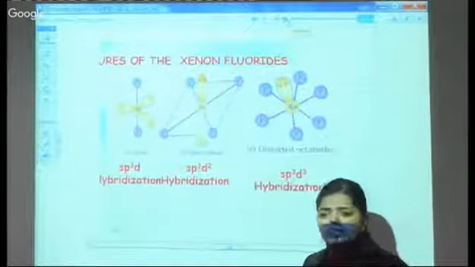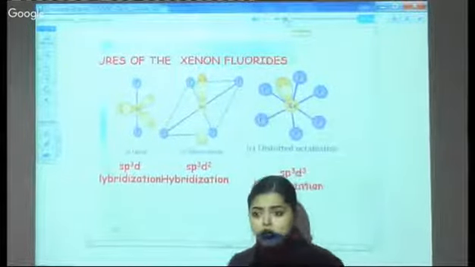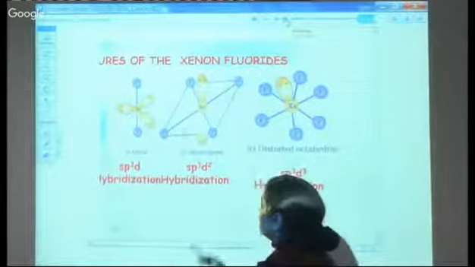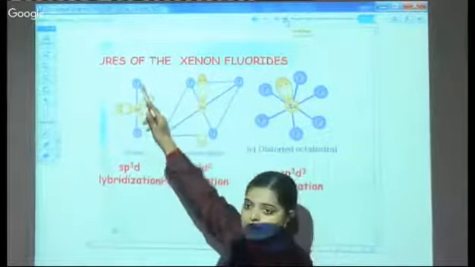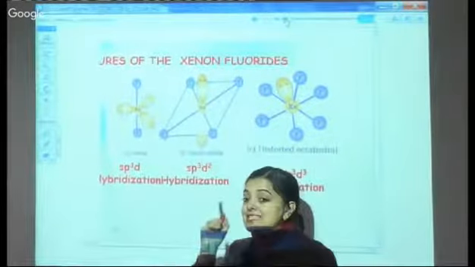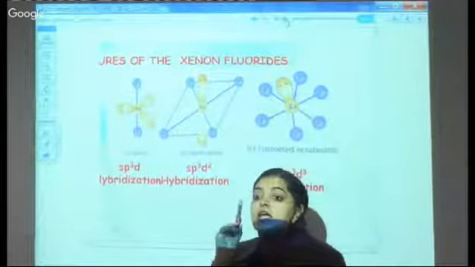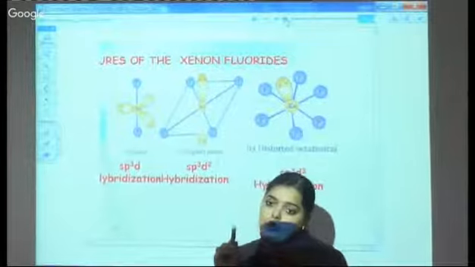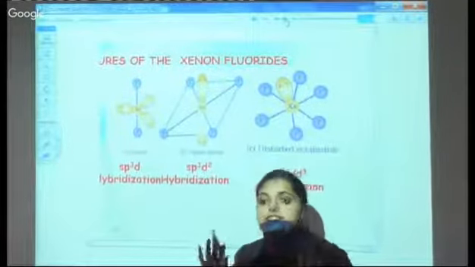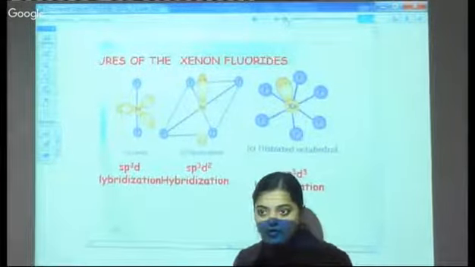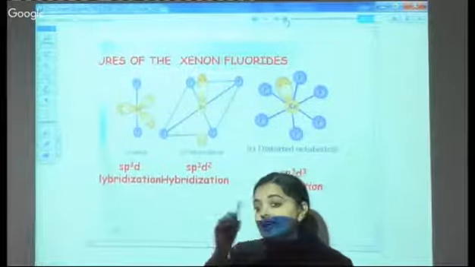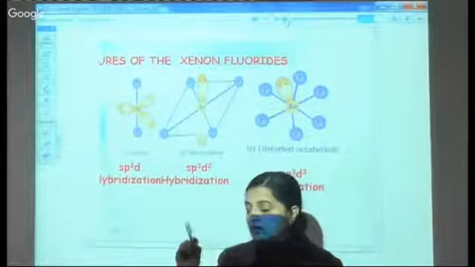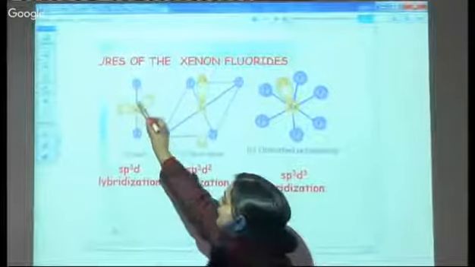Now these are the structures of different xenon fluorides. You get to see that this is XeF2, with 2 F atoms. Now, Xe has 8 electrons in its outermost shell, or you can say valency is 8. So it should be accommodating 8 electrons outside. One towards fluorine here, one towards fluorine.